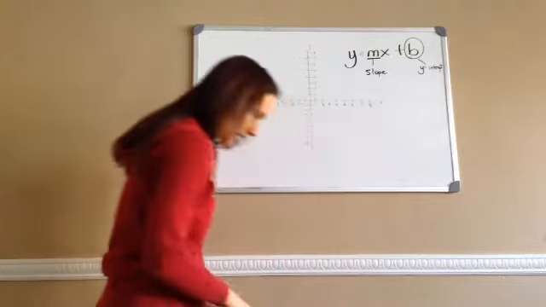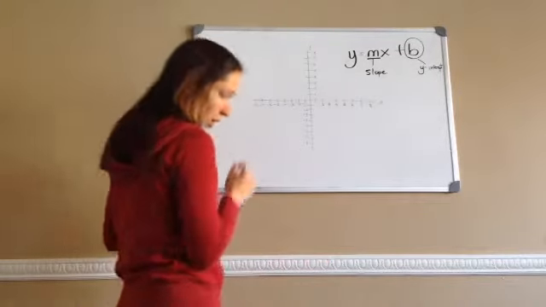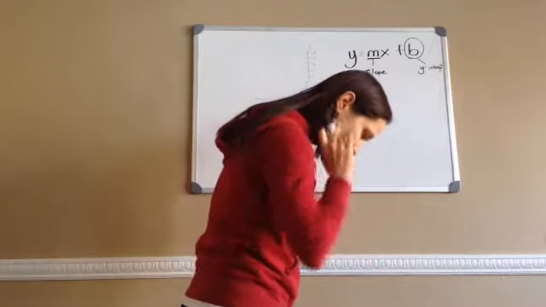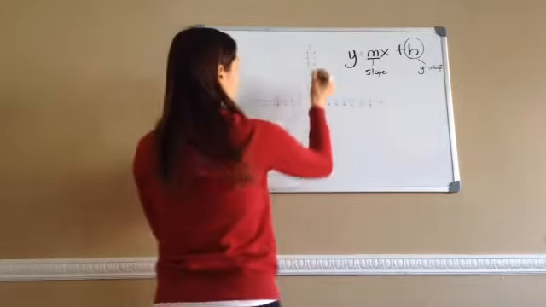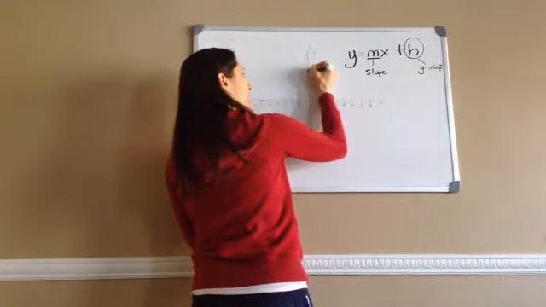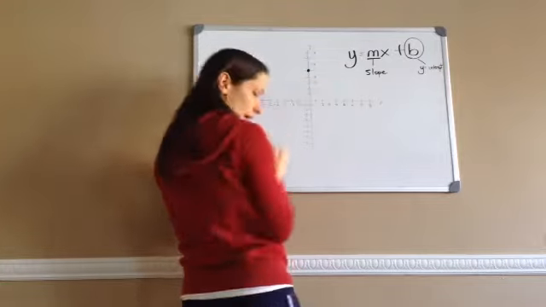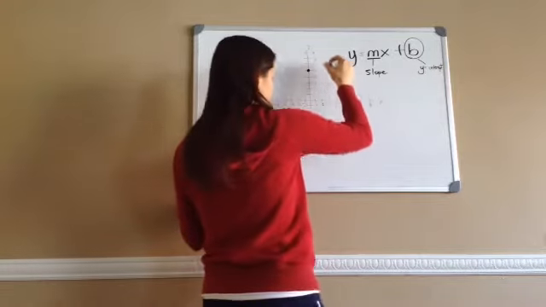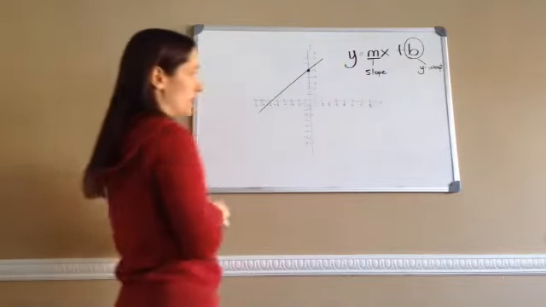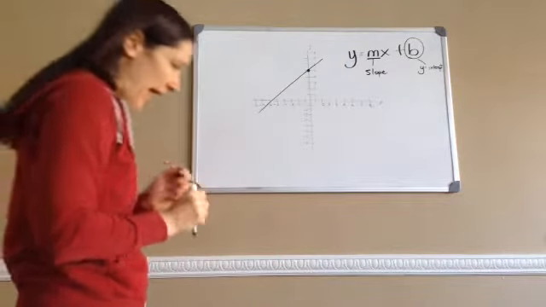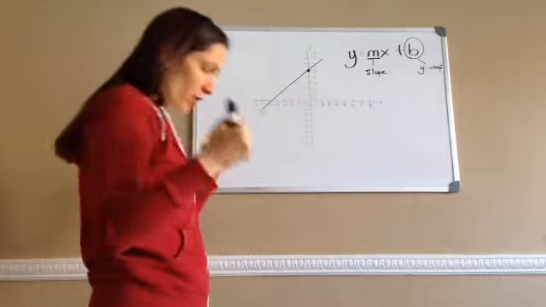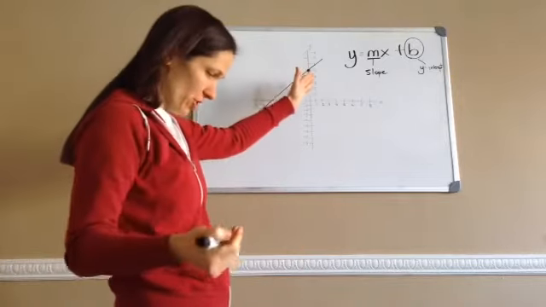Now, the next thing I want to talk to you about is I'm going to draw a line up here. And I'm going to put a dot right here on this 5, okay? Now, it goes on and it slopes down like this. And they ask me to find the y-intercept.